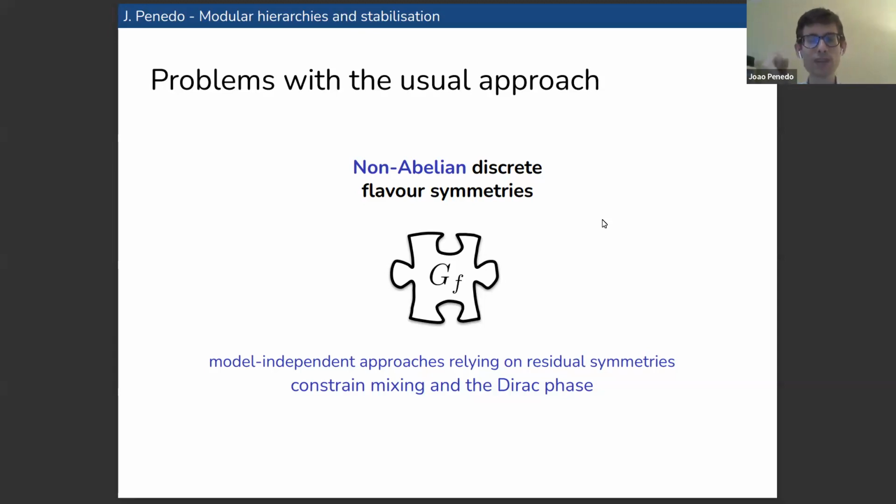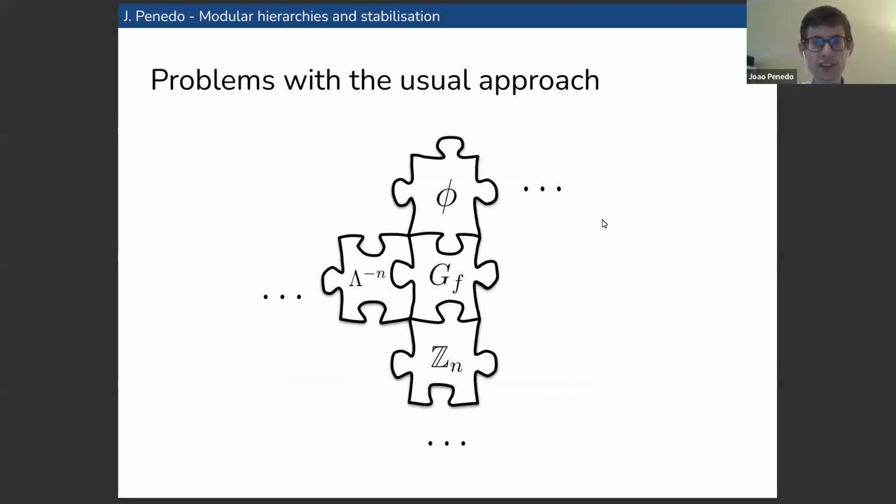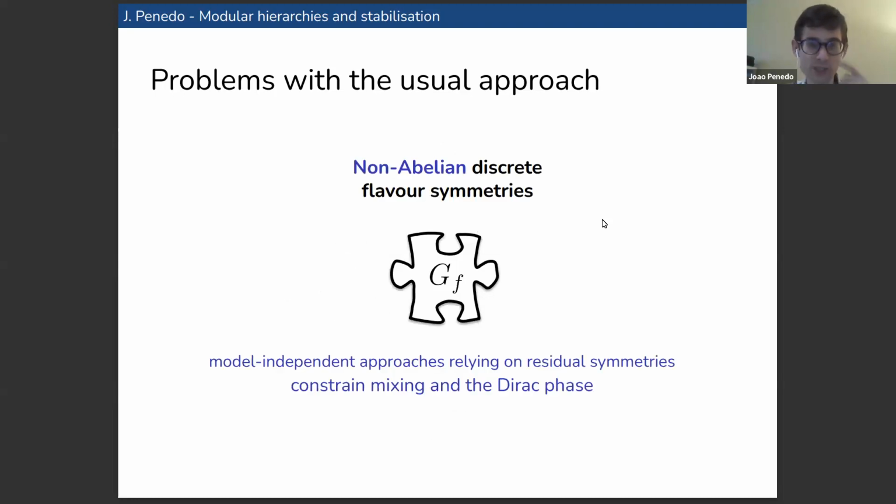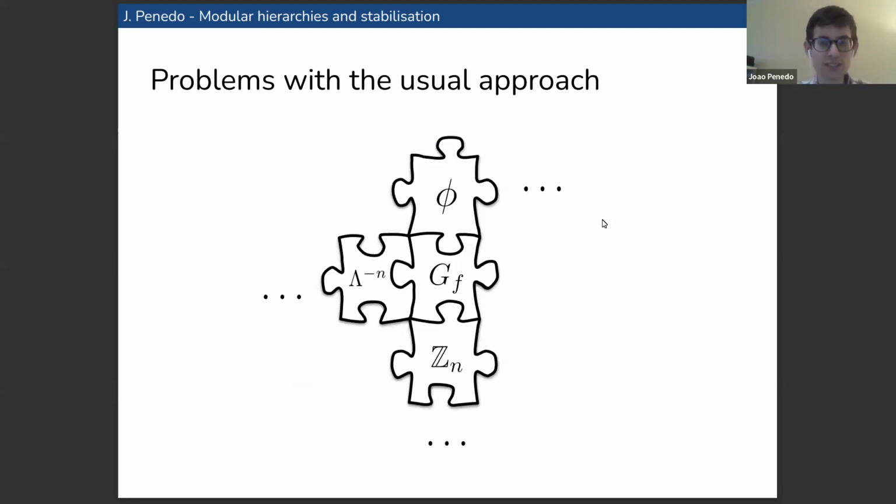The point I want to make here is that this usual approach is good to constrain mixings, for instance, in the lepton sector and the Dirac CP violation phase. Usually it has some problems, which are here depicted as phis, meaning you have to break this symmetry. The symmetry is based on some group G_F, and you have to break it to get something that matches data.